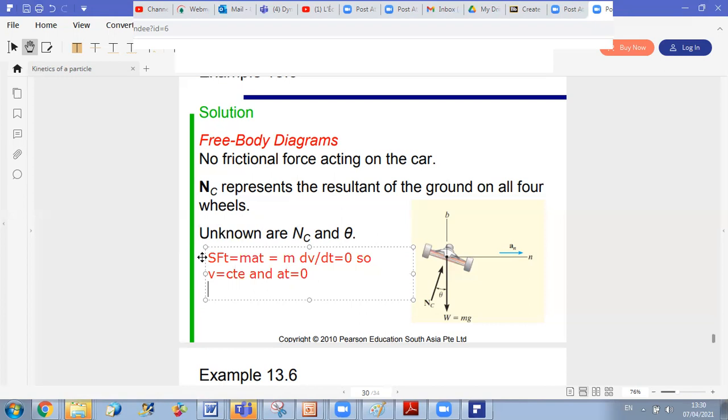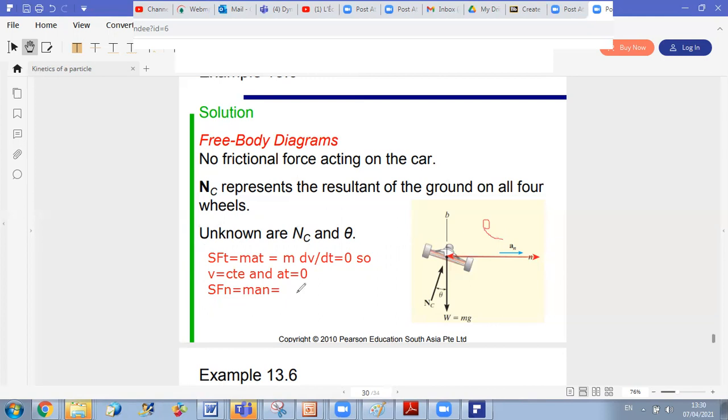The second equation to use is sum of forces along UN equals mass times AN. And because we know the radius of curvature here, it is the radius of the circle. So let's say O is here. They told us that the radius of curvature is rho.